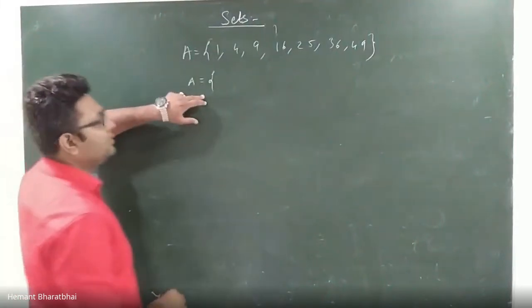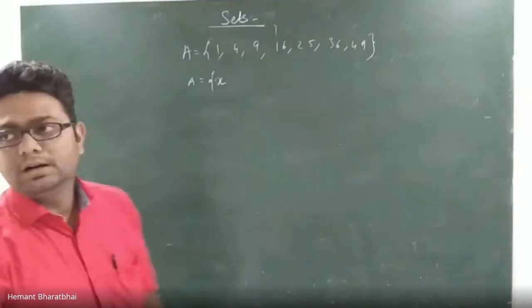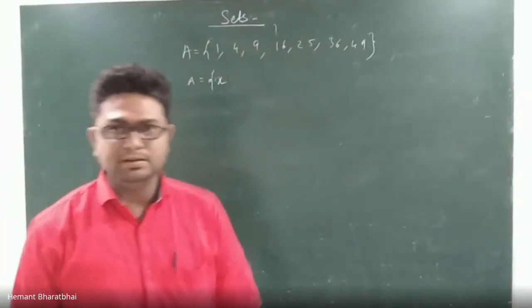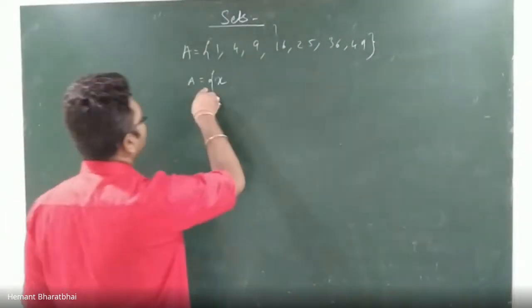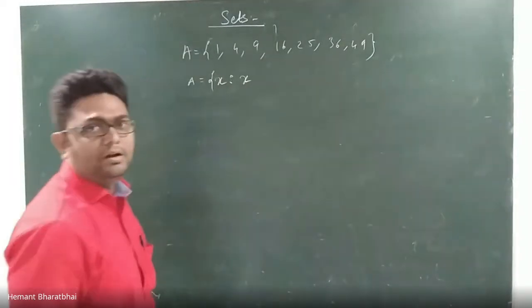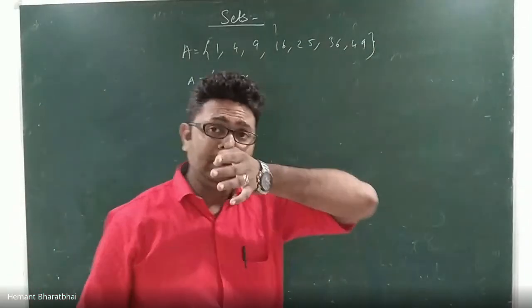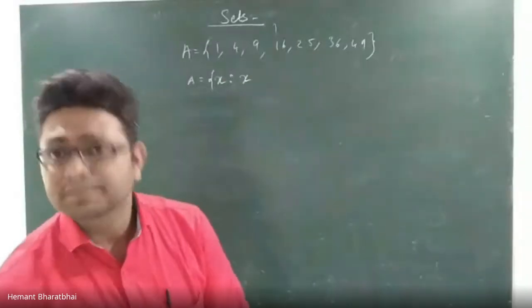Every time you write in the set builder form, you have to introduce a variable, and you write A is a set of x such that x. Now you have to find some rule which these numbers satisfy. In the set builder form, every time you need to find the rule.